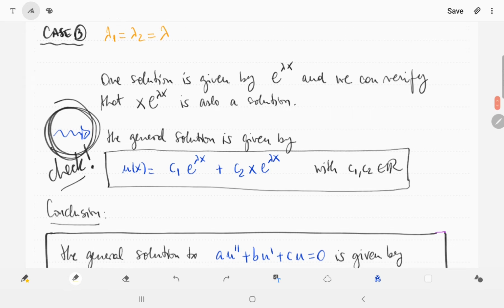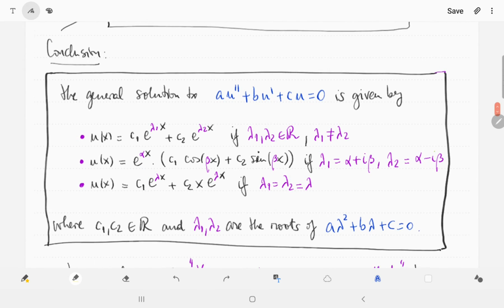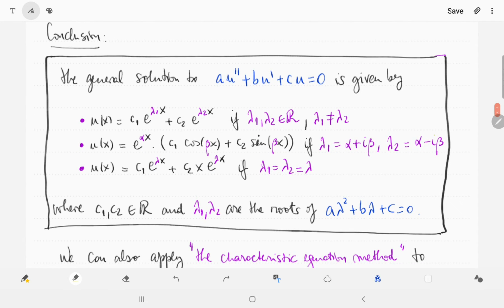Okay, so conclusion. The general solution of a second order linear homogeneous ODE with constant coefficients is given by the linear combination of these two exponentials when the roots are real and different.